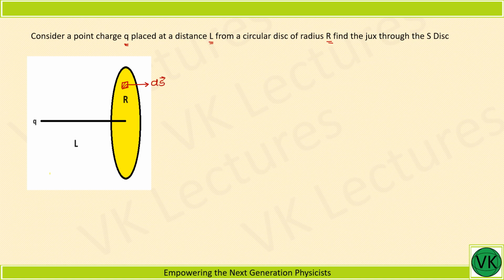Now this can be considered at a distance of small r from the center, and this is the point where we have the charge, and the electric field will be moving to this area in this direction.